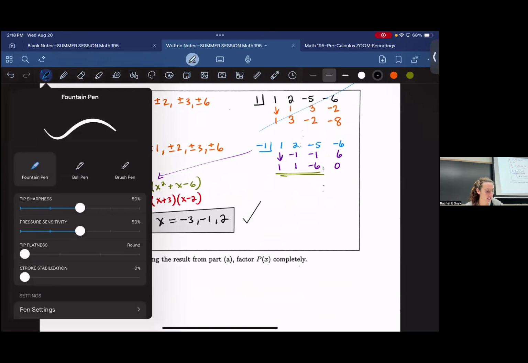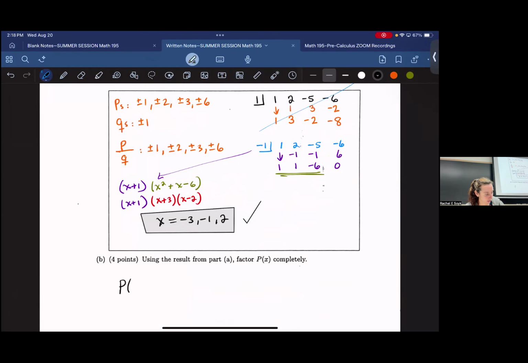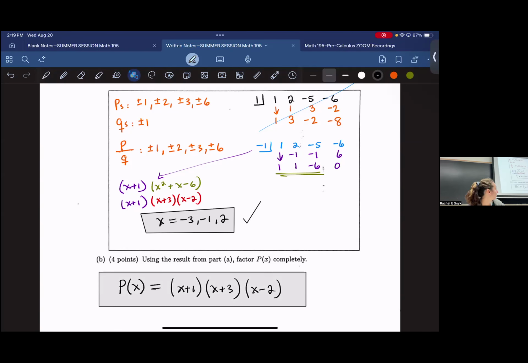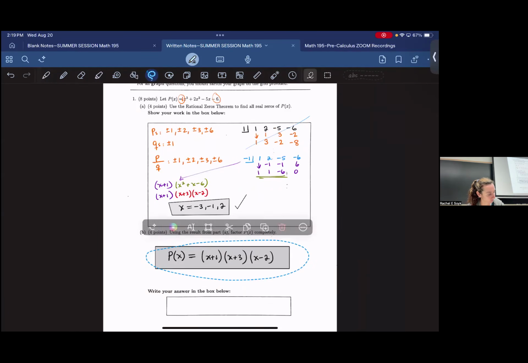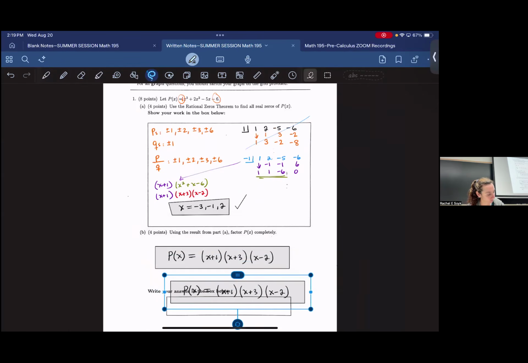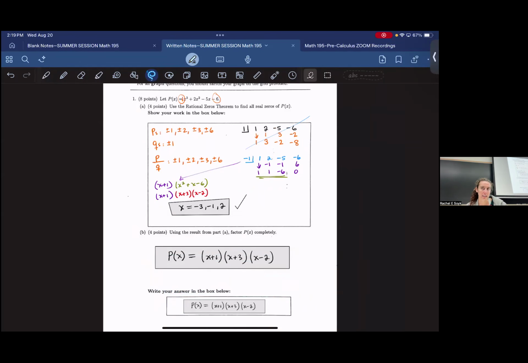And so if we put it all together, we have our P of X is simply x plus 1, x plus 3, and x minus 2. Go ahead and move to the next page.